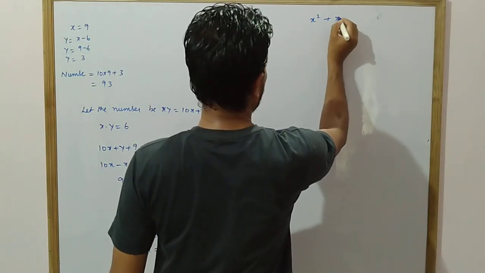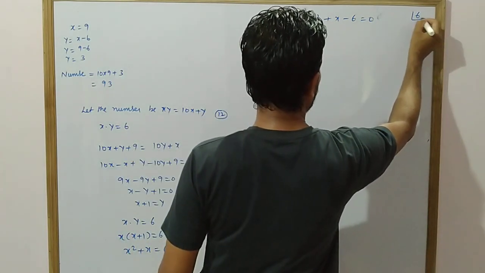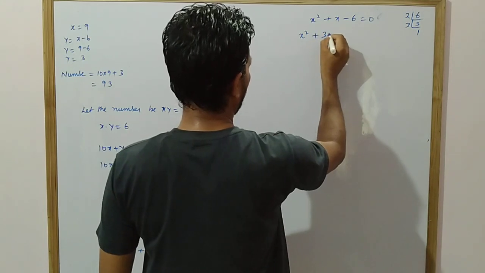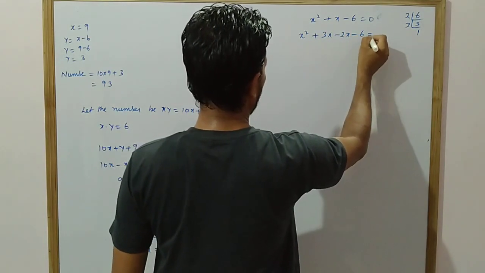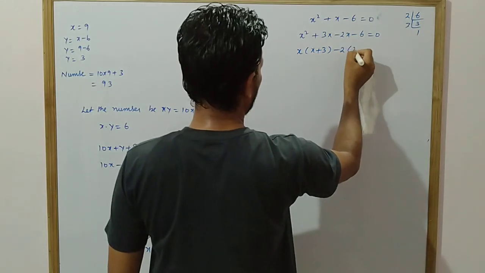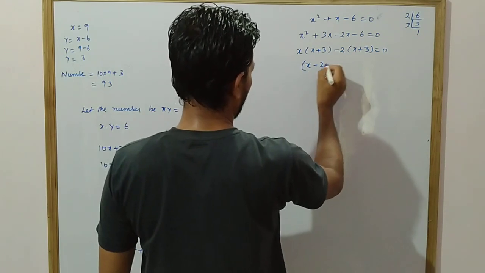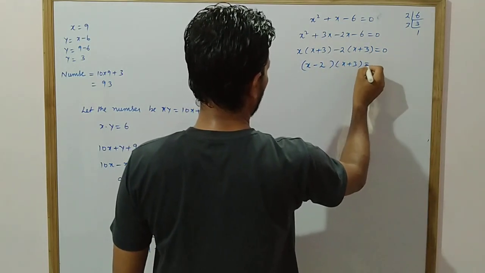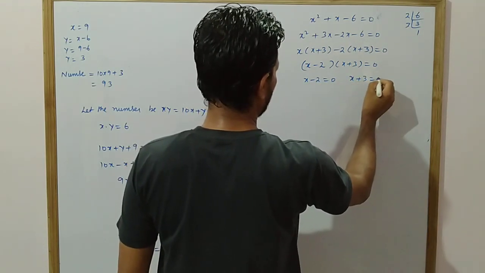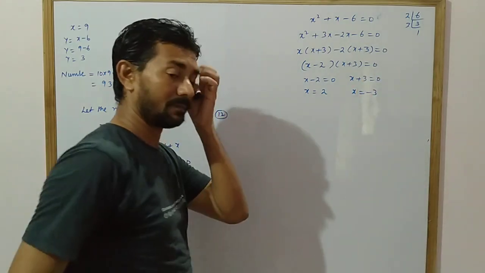x square plus x minus 6 equal to 0. x square, 2 into 3, 3 minus 2, x square plus 3x minus 2x minus 6 equal to 0. x into x plus 3 minus 2 into x plus 3 equal to 0. x minus 2, x plus 3 equal to 0. x minus 2 equal to 0, x plus 3 equal to 0, x equal to 2, x equal to minus 3.